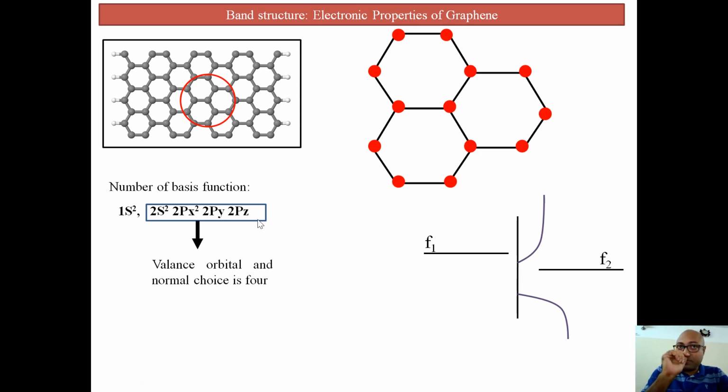But since I am trying to solve it analytically on this PowerPoint board, let's consider one basis function, and that is pz. Now if I say it has only one basis function, pz, just to solve analytically on the PowerPoint presentation, is it correct? It is also correct. Why?